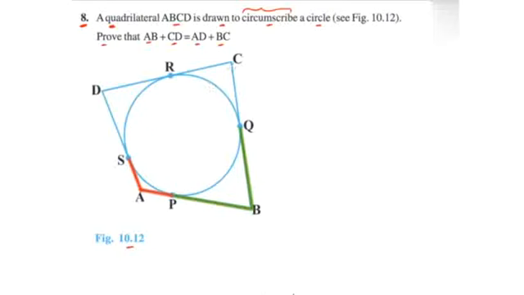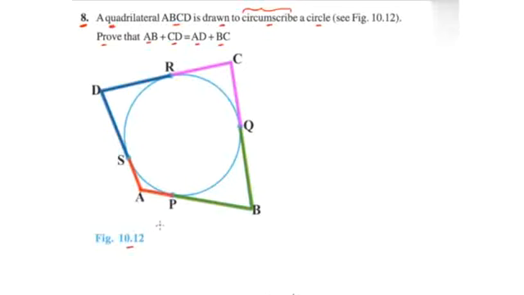Then CQ and CR will have the same length also, correct? And similarly DR and DS. DR is this segment, DS is this segment, they will have the same length.